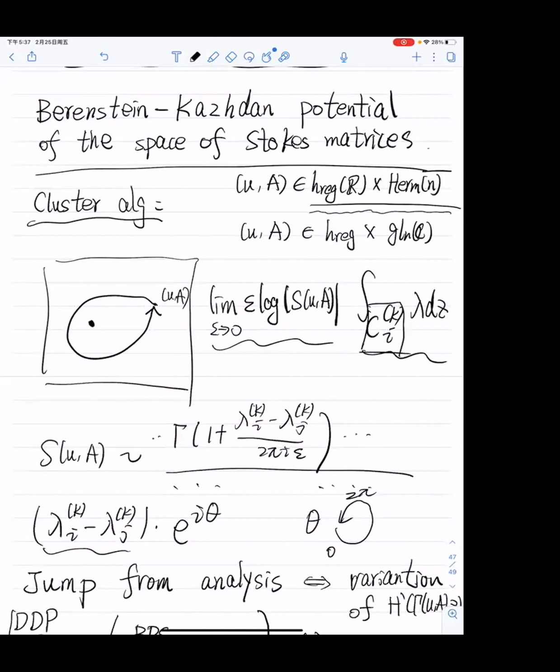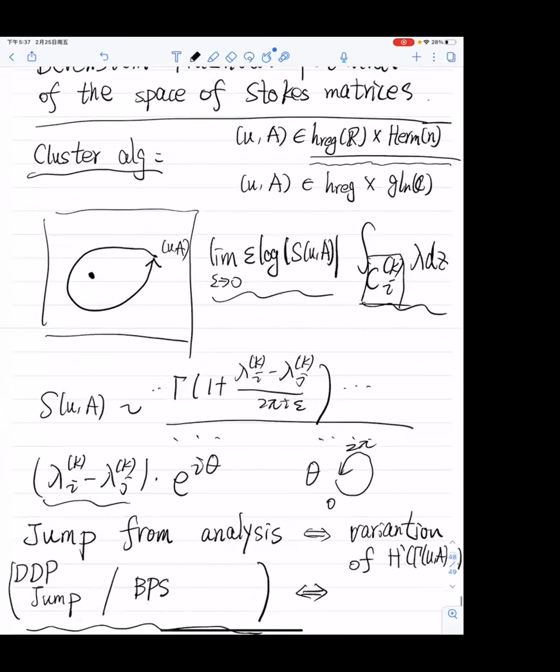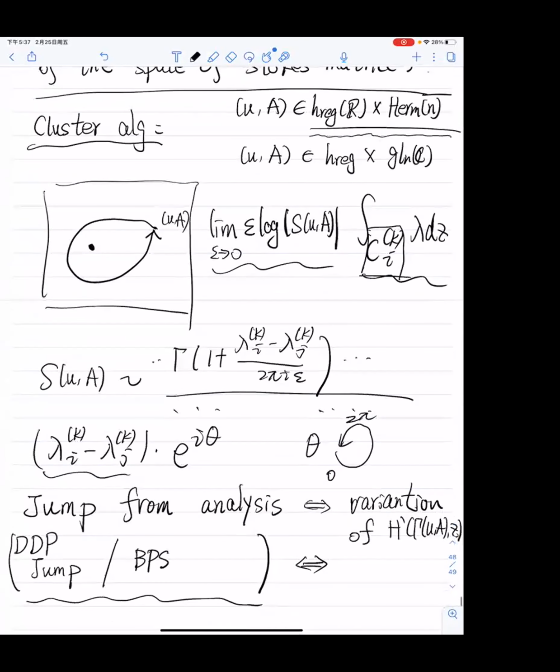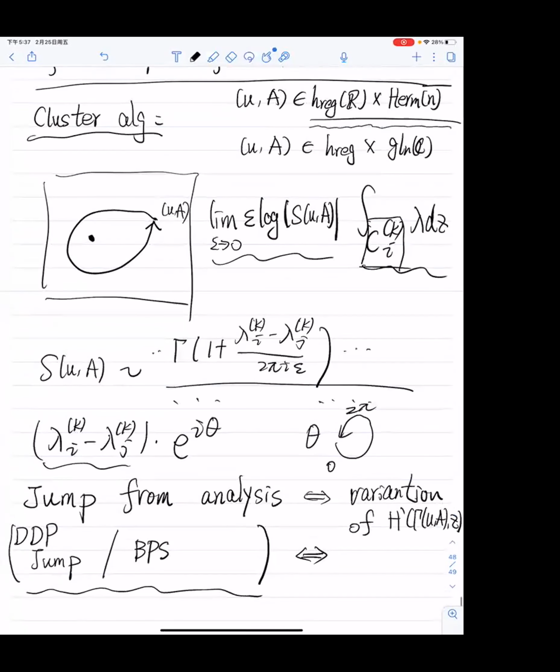And I guess this monodromy, from either analysis or from this variation of Hodge structure, may be related to the cluster mutation, as may be predicted from spectral networks and so on. Or in Goncharov and his collaborators' talk, using the complex setting, some new phenomena.